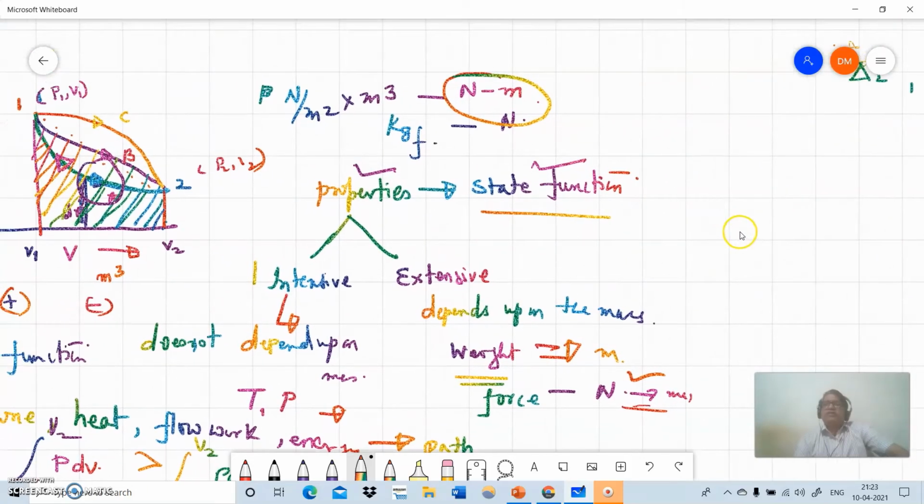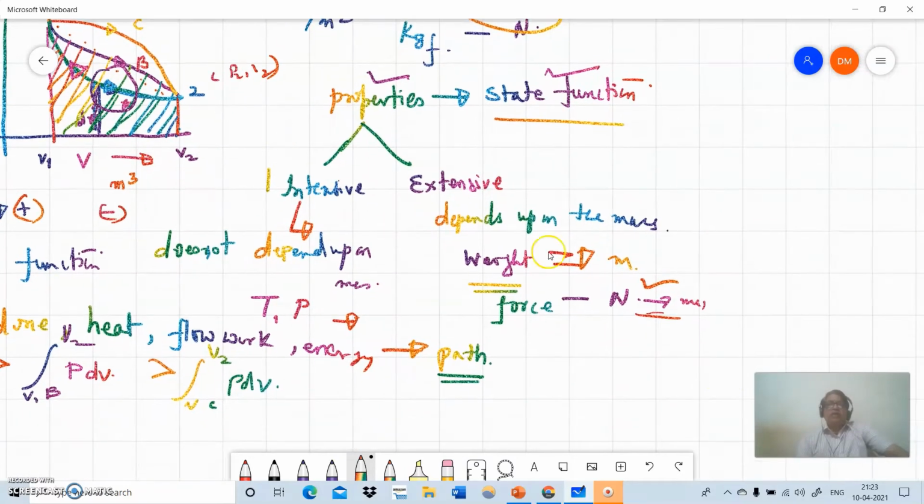What is a property, a state point, and the other one, extensive properties, which depend upon the mass. Enthalpy, entropy, heat, these are extensive properties, right? They depend upon the mass.